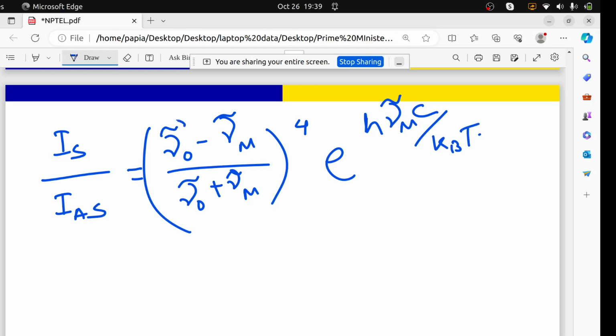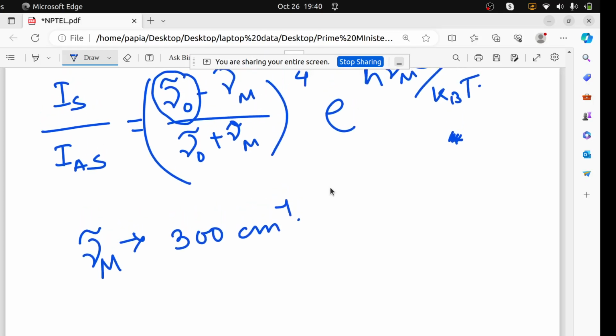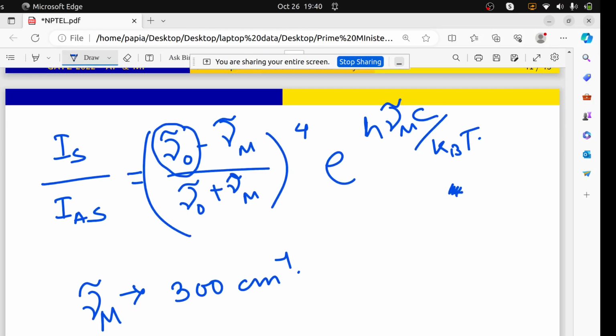What is this one? This is nu 0, the undeflected one, I mean like the Rayleigh line, and this one is nu m, I mean the separation. So the separation is observed at, in that question it is given that the separation is observed at 300 centimeter inverse. And now you can see here that whatever the thing is there, this is a constant, right?